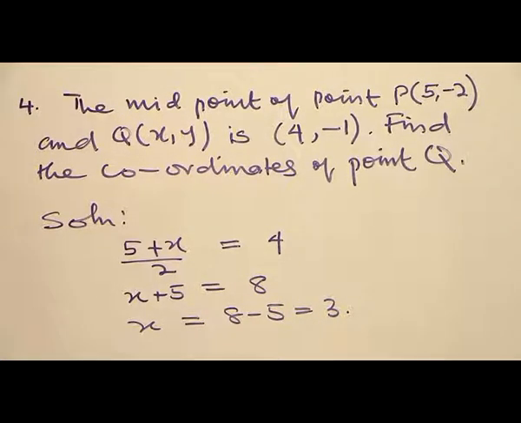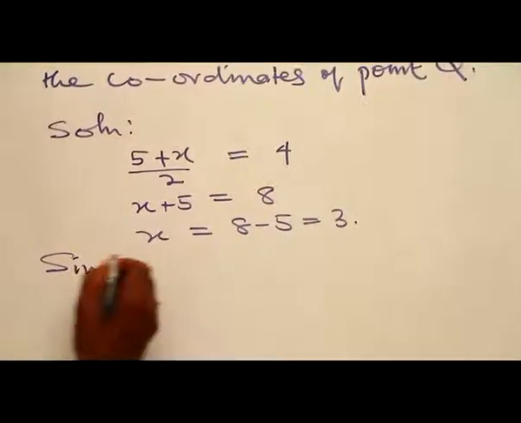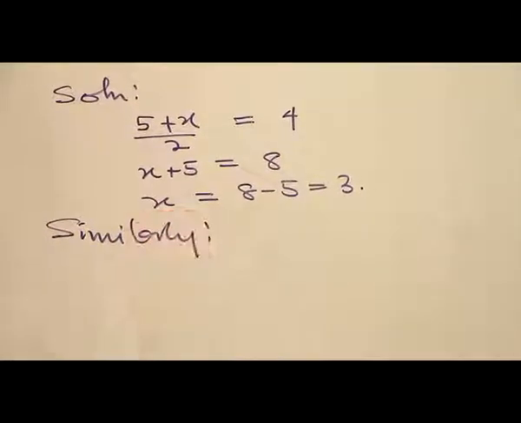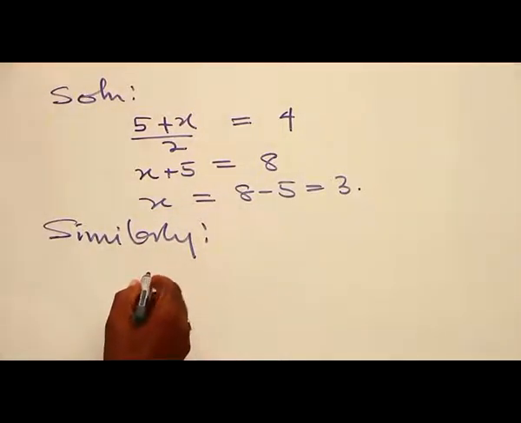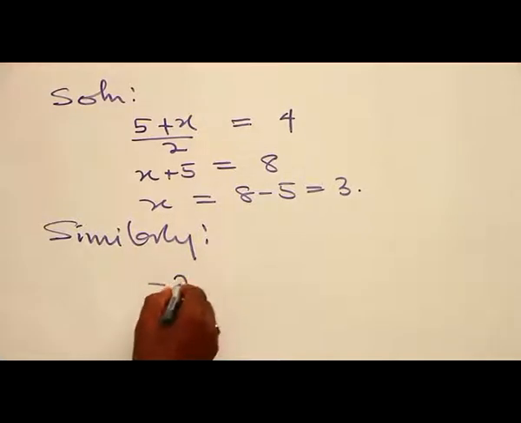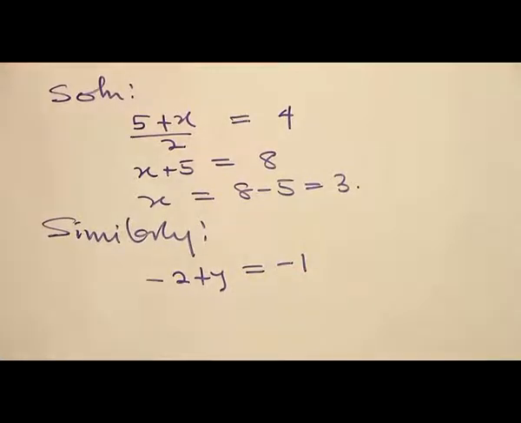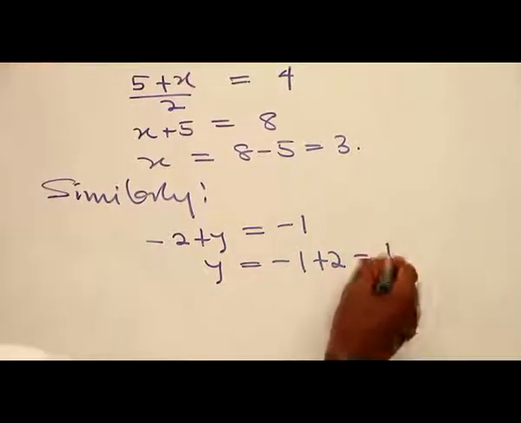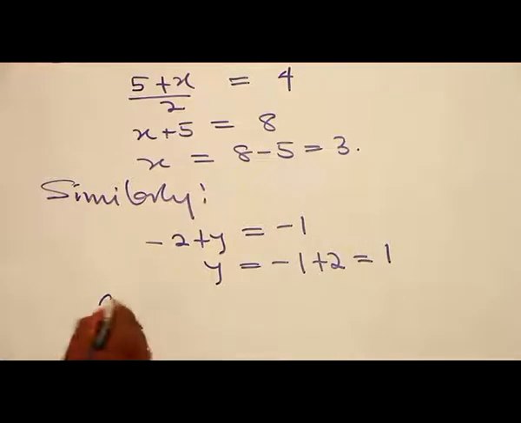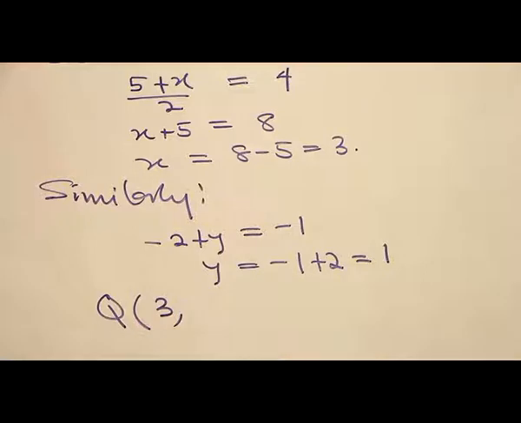Now similarly, you now have for y, minus 2 plus y is equal to minus 1. Now the result of this is that y is equal to minus 1 plus 2, and that is equal to 1. So the coordinates of the point Q therefore will be written as (3, 1).